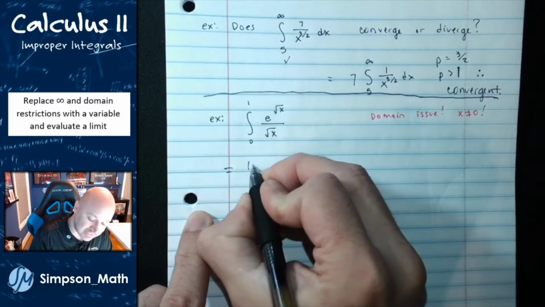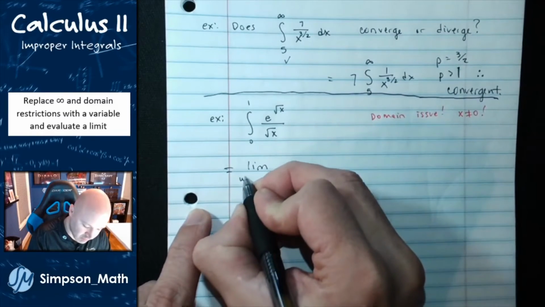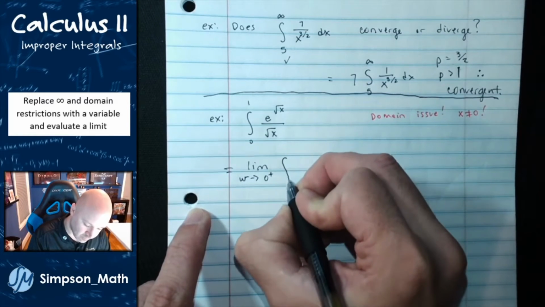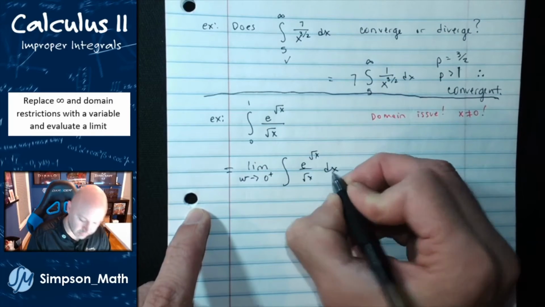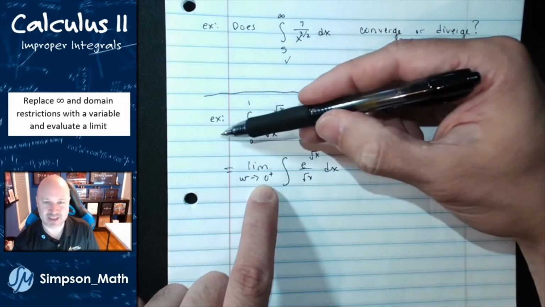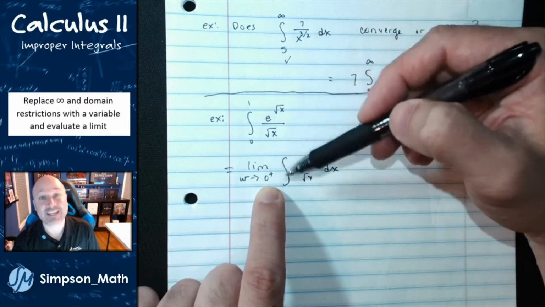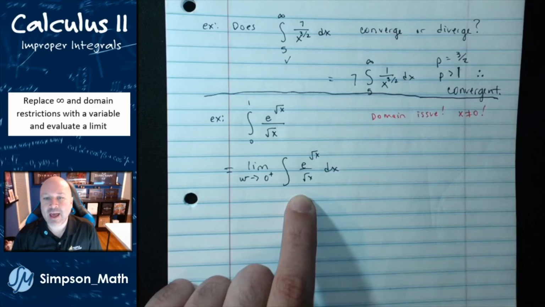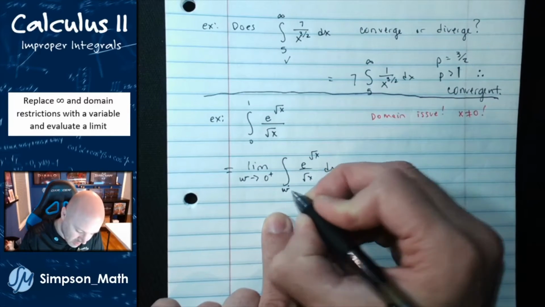I'm going to introduce limit notation and a variable; this time I'm going to use omega. So I'm evaluating the limit as omega approaches 0, and I can't come from the negative region. I've got to come from the positive region, so it's a one-sided limit. The integral of that stuff, and, oh yeah, from omega to 1.